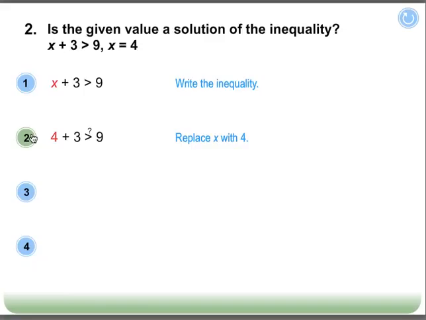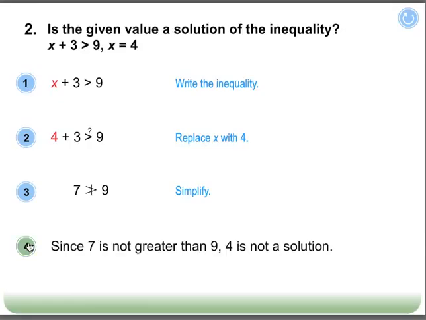Is 4 plus 3 greater than 9? 7 is not greater than 9. Since 7 is not greater than 9, 4 is not a solution. It doesn't work there. Can you think of an answer that does work there? What would be greater than 9?